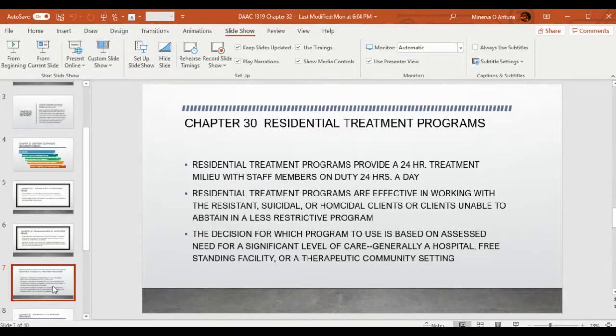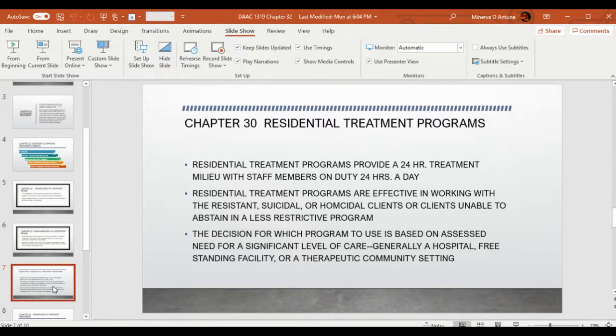So here's where you have access to someone all day long, all the time. Residential treatment programs are effective in working with the resistant, suicidal, or homicidal clients, or clients unable to abstain in a less restrictive environment. These people need supervision, they need medical care, they need constant support.